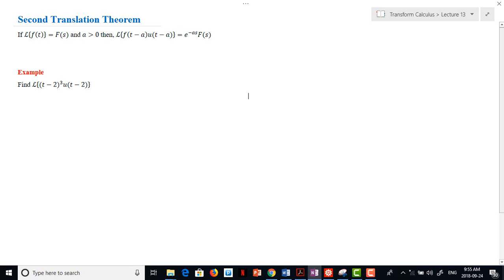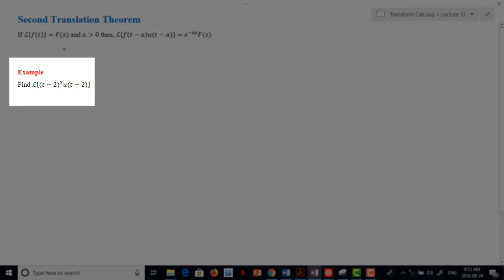Now we have an example to see how we can use the second translation theorem to find the Laplace transform of a function. In this example, we want to find the Laplace transform of (t minus 2) cubed times u(t minus 2).